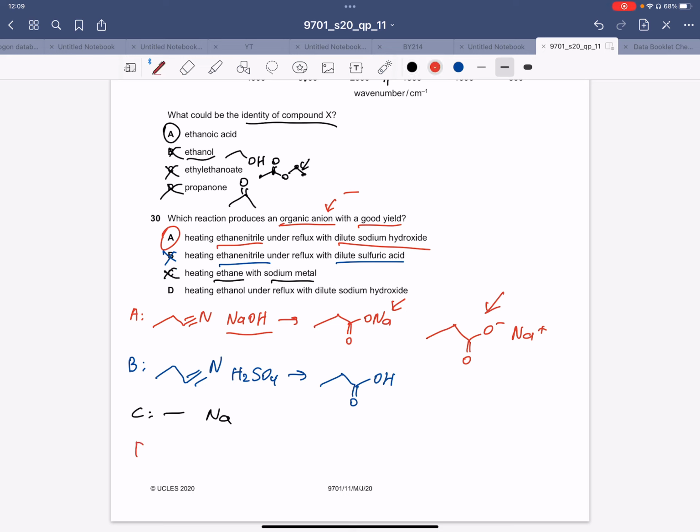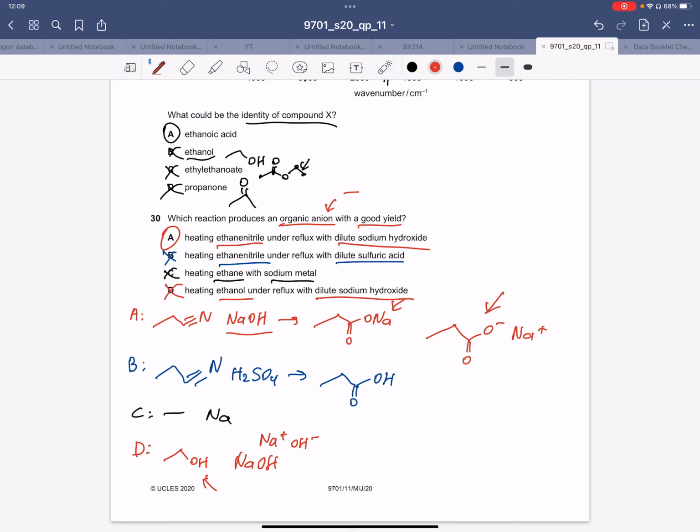And then for answer choice D, heating ethanol under reflux with dilute sodium hydroxide. Ethanol looks like this. Sodium hydroxide is NaOH. Again, this won't do anything either, because what is the sodium hydroxide going to react with? This is just Na plus and OH minus. There's really nothing you can do. So answer choice D won't have a reaction either.